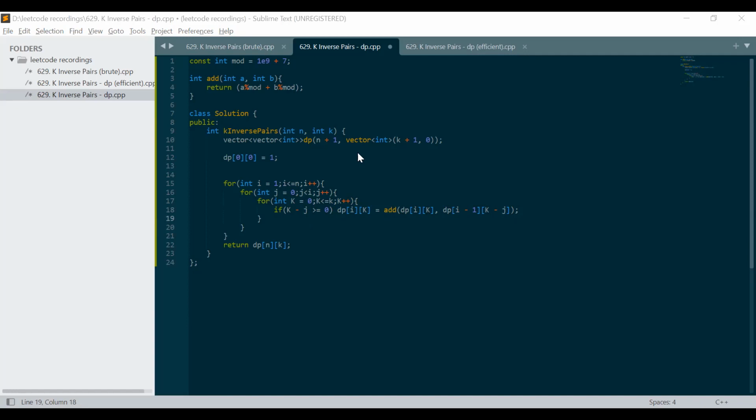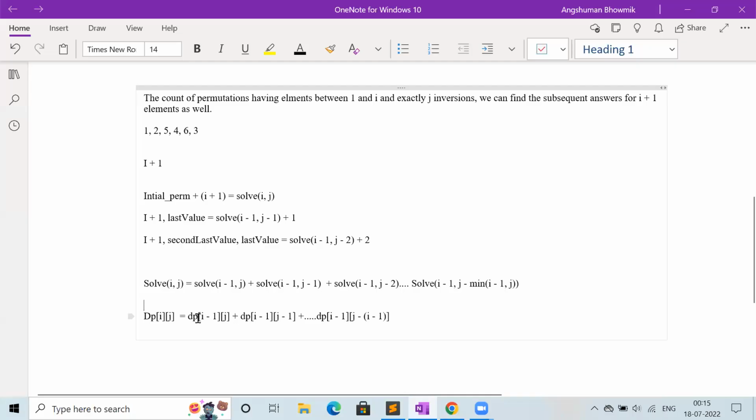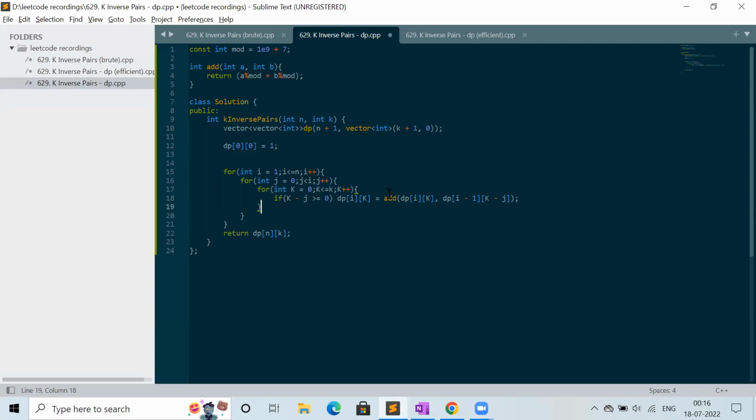This is the same as the recurrence relation that we had here. We iterate for every j, then j minus 1, then j minus 2, and so on, and then we decrement the state value of the current number of inversions. This is being done here. And finally, we return dp of n comma k.